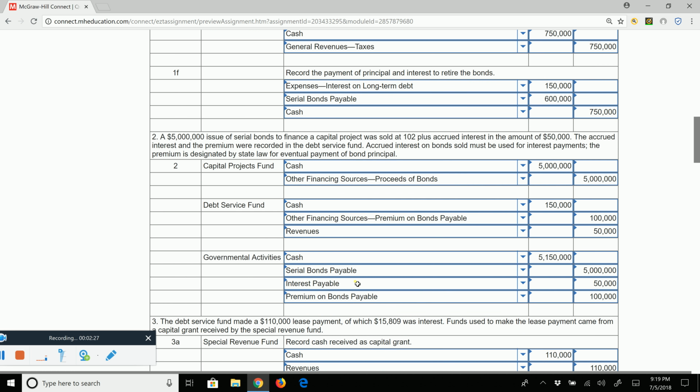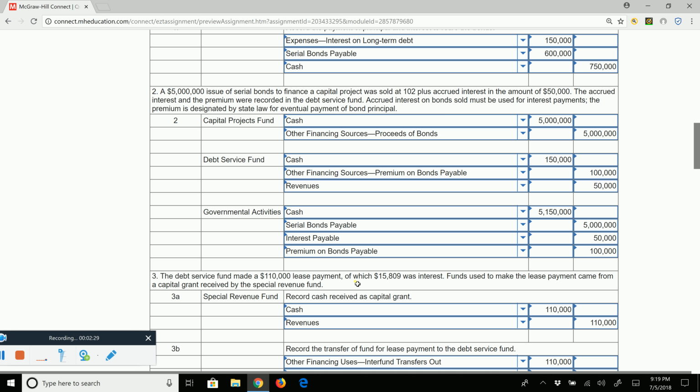Okay, next, number 2. A $5 million issue of bonds to finance a capital project was sold at 102 plus accrued interest of $50,000. The accrued interest and premium were recorded in the debt service fund, and that is quite common. Remember, the capital projects fund usually gets the principal amount. And so we see that here, debit cash and credit other financing sources for the $5 million.